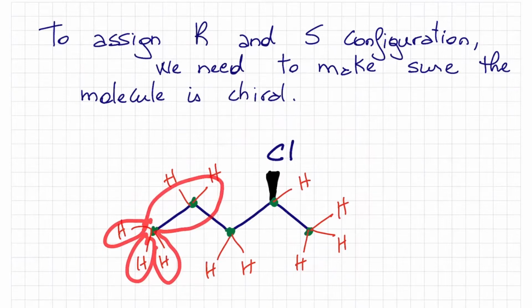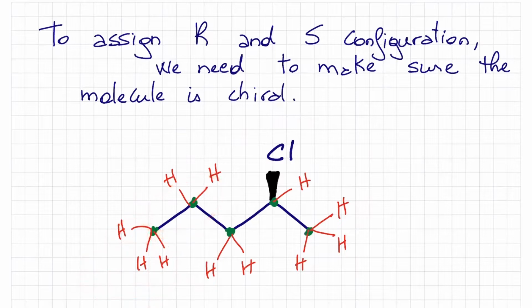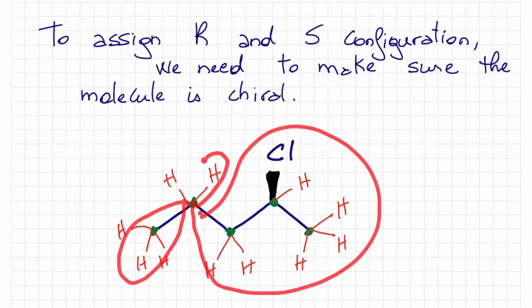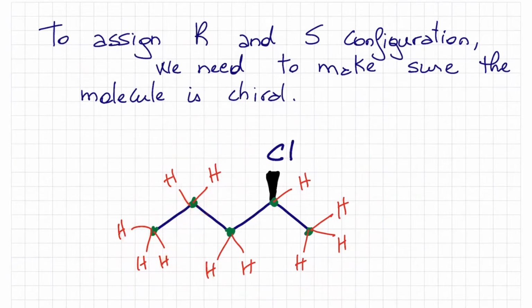They are not 4 different groups because here we have 3 hydrogens, which are the same. So not a chiral center. Here at this location, our carbon is attached to 1 group, 2, 3, 4, but these 2 groups are the same, right? So this is also not a chiral center. And we can see that here too, it's not a chiral center.